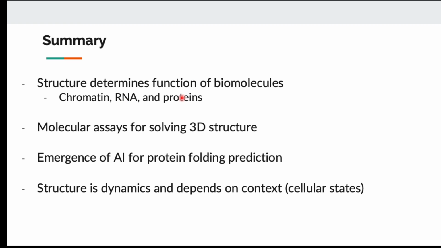From protein, you already know a lot about how protein functions based on its structure when it binds to other ligands, when it binds to other proteins. We learned about molecular assays for solving 3D structure. If you are interested in structural biology, there are many more details that you can study online.